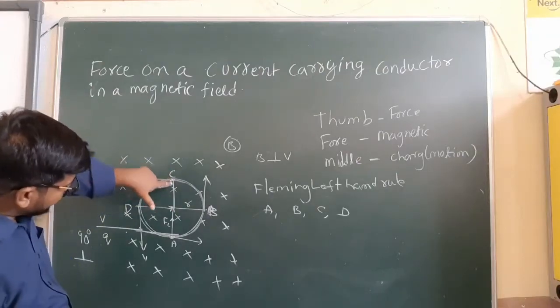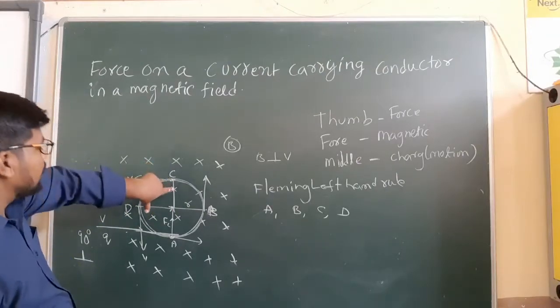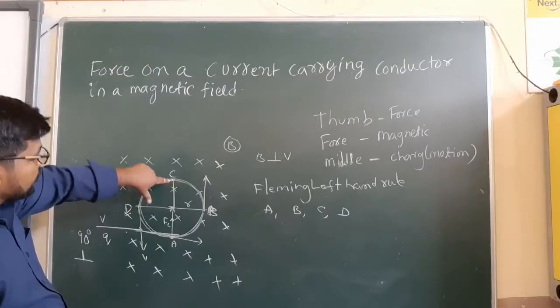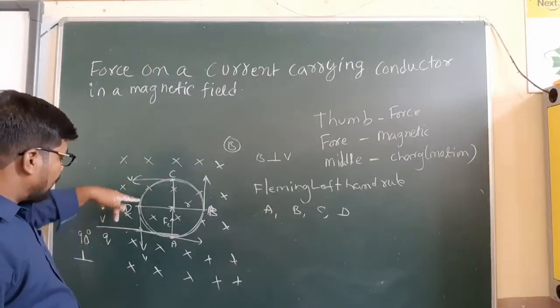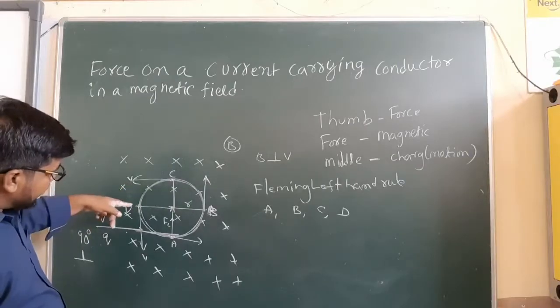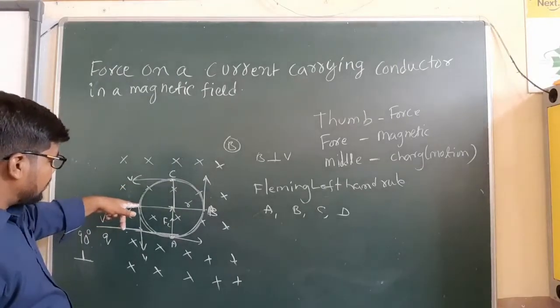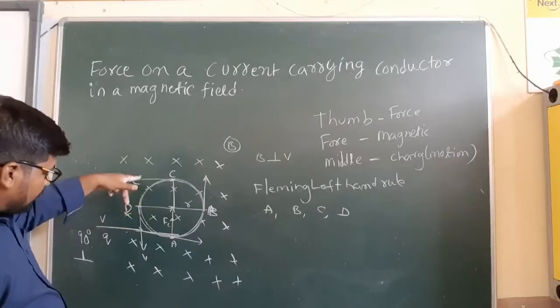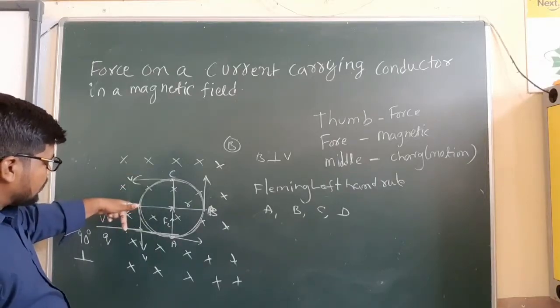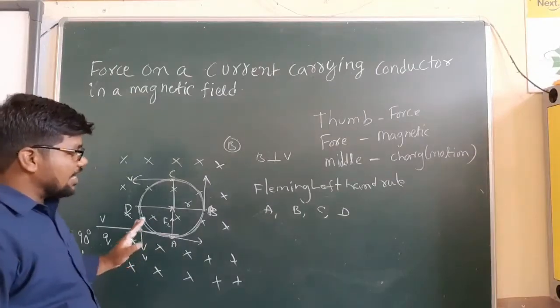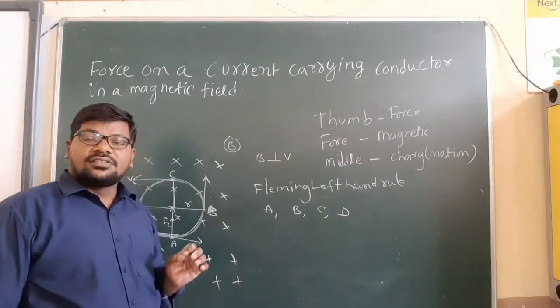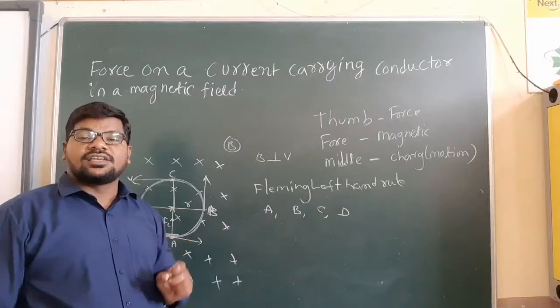With the field into the board and the particle moving leftward, the force is downward. In this case, the field lines enter the board, the particle moves downward, and the force is acting towards the center, continuously acting like this.